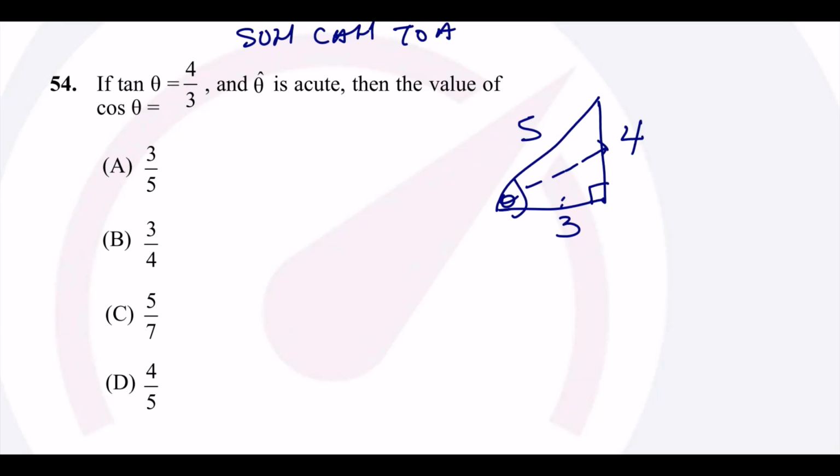There are many more, and I'll share a couple others at a later date. So cosine, which is adjacent over hypotenuse, is going to be 3/5.